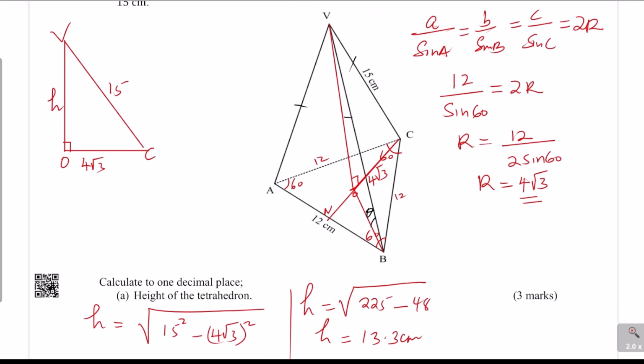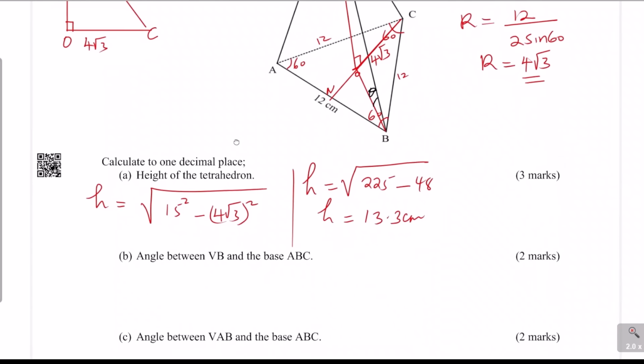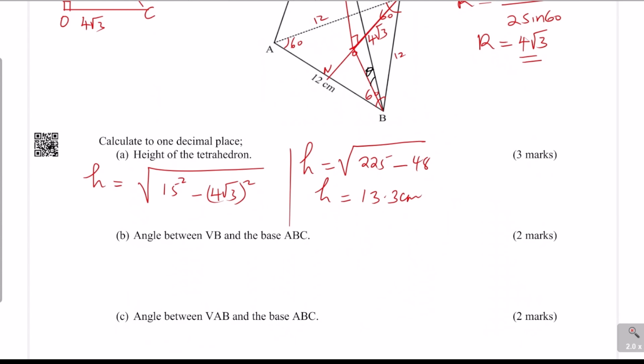If we look at that particular diagram, you notice that you can extract that triangle. Can extract it here. So the height is there, and then we have B, then O, and then V. So this is the perpendicular height that we just got, that is 13.3, and then VB.